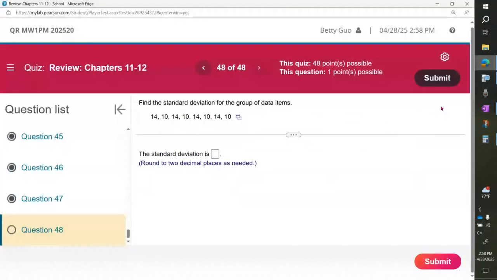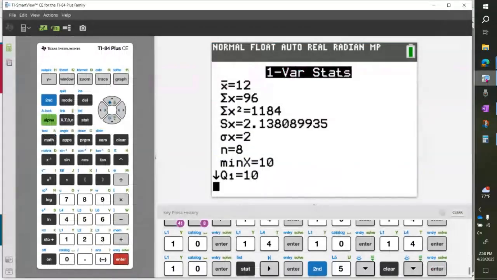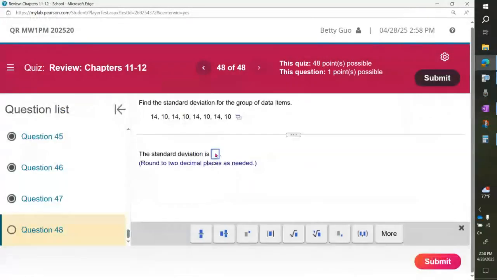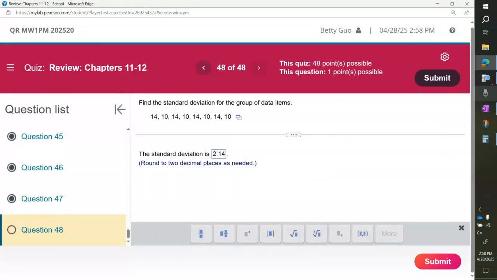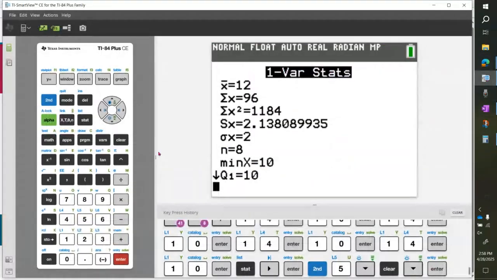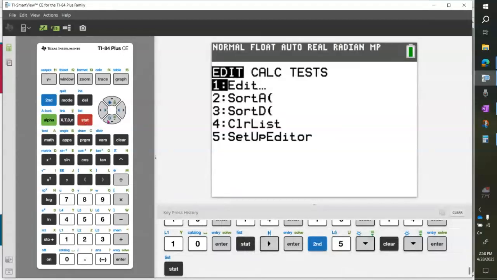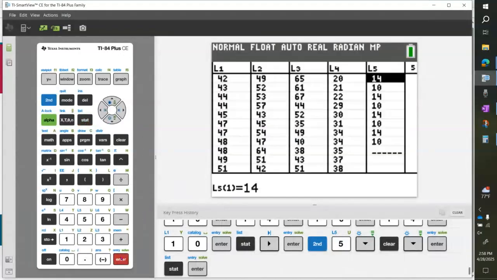See, how do we round it? 2 decimal places. 2.14. So you calculate it. Double check. L5, yeah, it's L5.